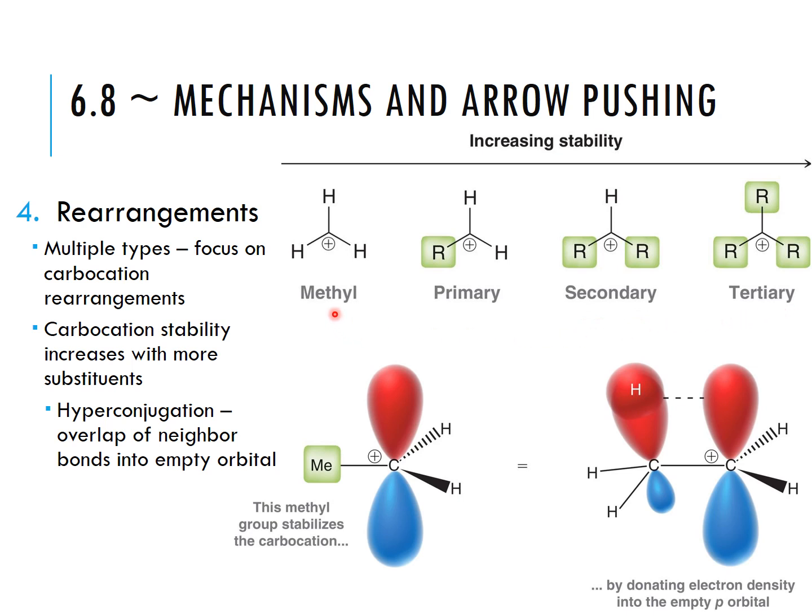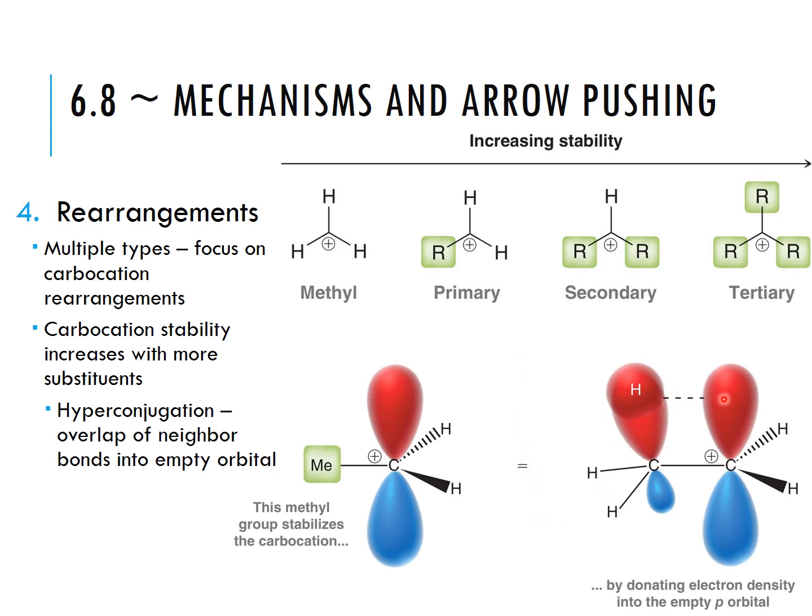Notice that a methyl carbocation is the least stable, and a tertiary carbocation is the most stable. So we're categorizing them by how many other carbons are attached to them. So a primary carbocation is bonded to one carbon, secondary is bonded to two, tertiary is bonded to three. The reason for that increase in stability is because of hyperconjugation.